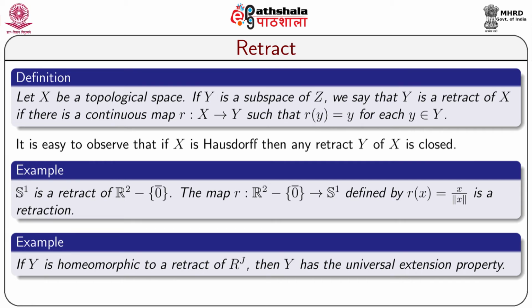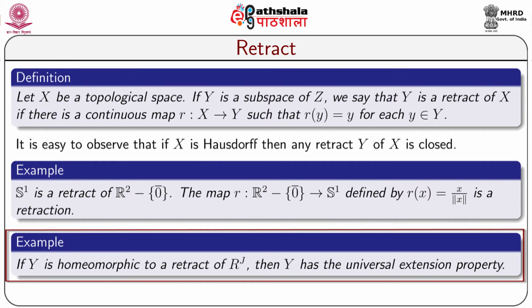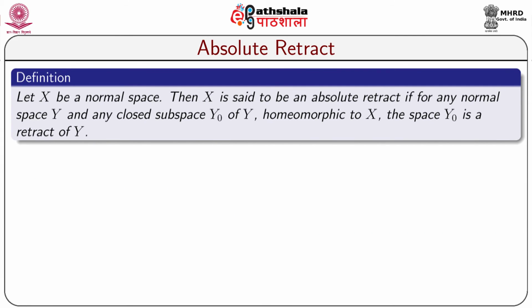Another example: if Y is homeomorphic to a retract of R to the power J, then Y has the universal extension property. Next, we are going to define another notion called absolute retract.